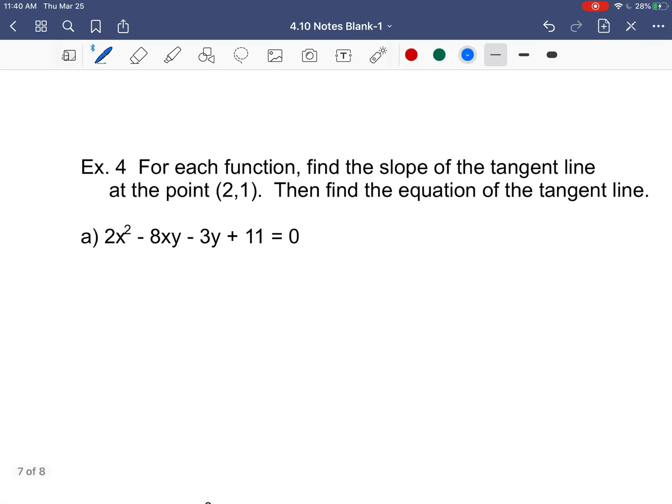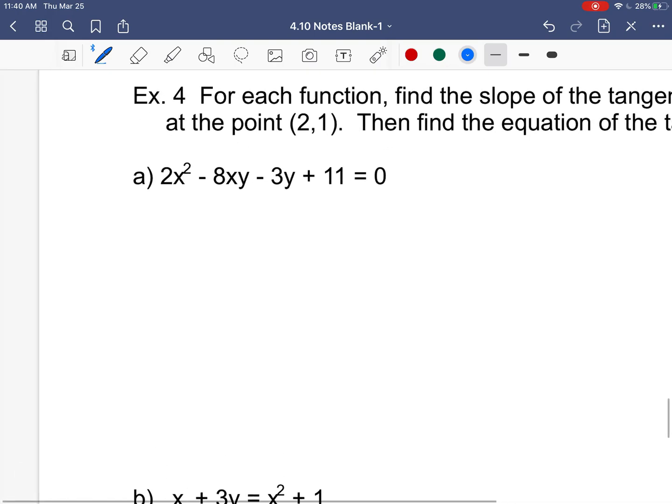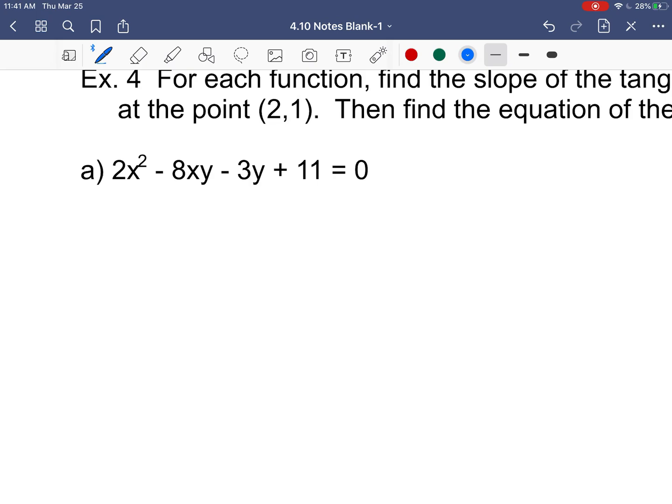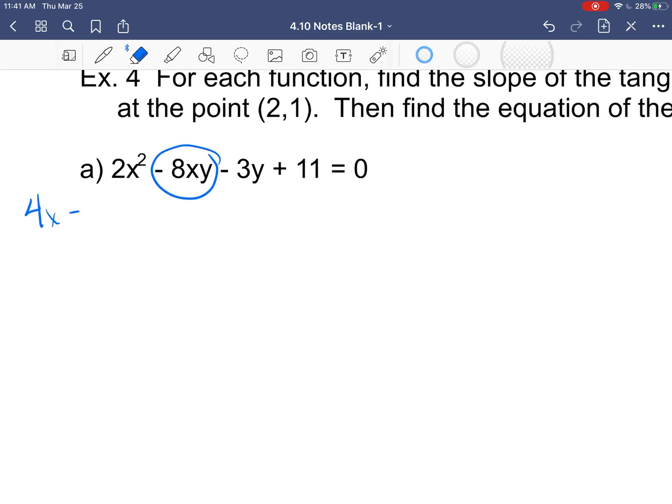Okay, so for each function, find the slope of the tangent line at the point (2, 1), and then find the equation of the tangent line. So our first one, let's just start taking the derivative. So 4x minus, we've got a product rule right there. Our product rule is 8x times y.